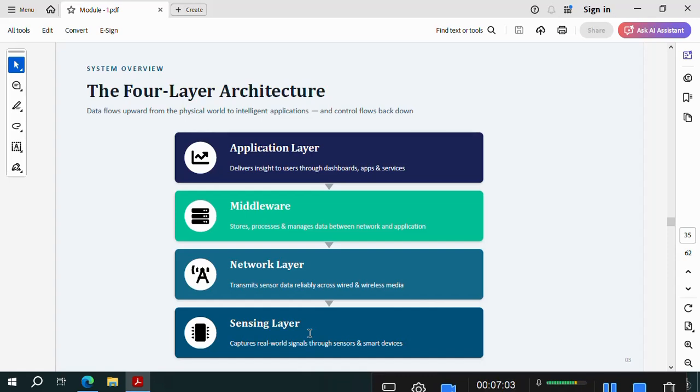Everyone knows the sensing layer, network layer, middleware layer and application layer, that is the generic concept. But the real world problem inside the network layer and middleware layer is all about connecting the duplexing, that is many to one and one to many mapping setups.